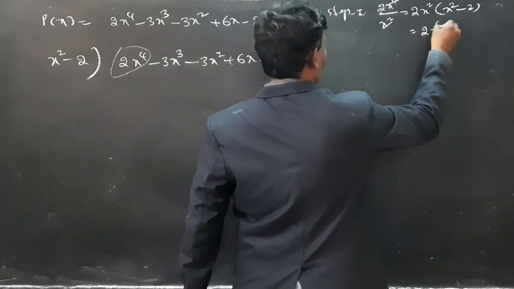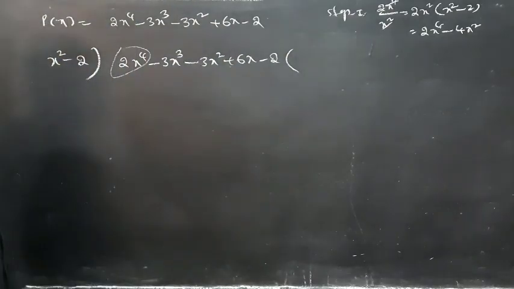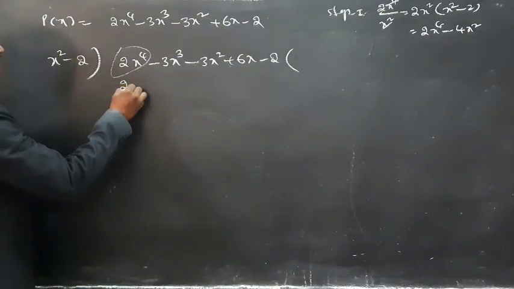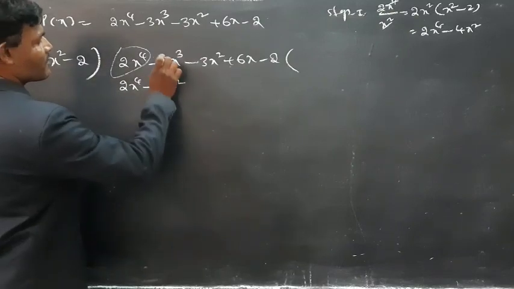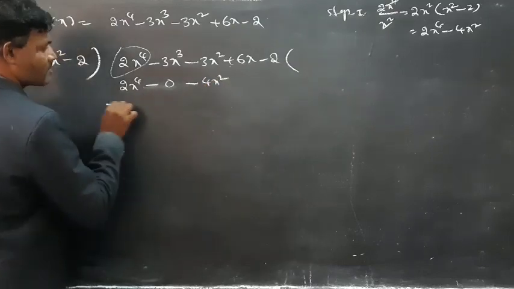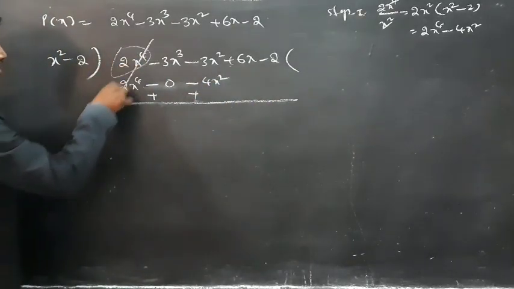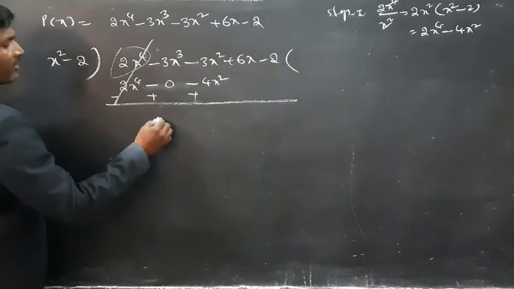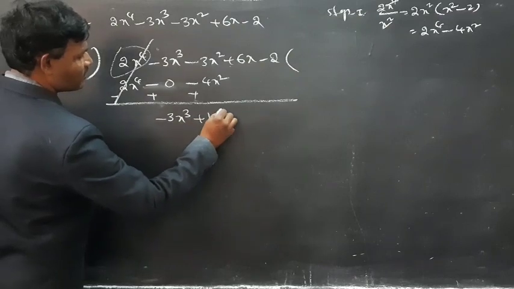So what do you get? 2x power 4 minus 4x square. Here minus plus, plus, both are cancelled. So after subtraction, minus 3x cube plus 1x square.